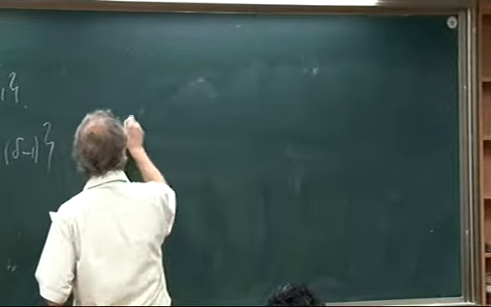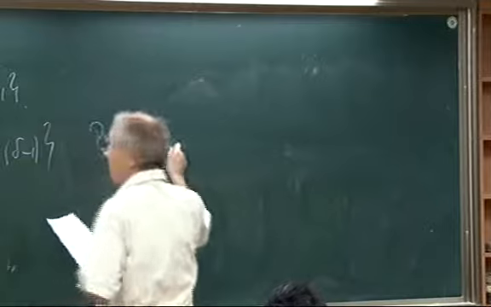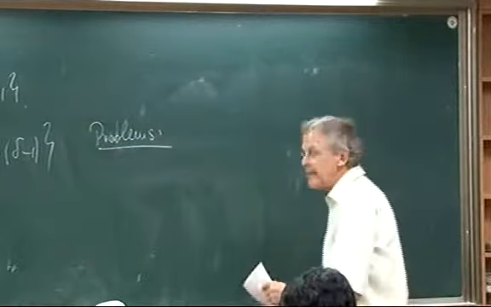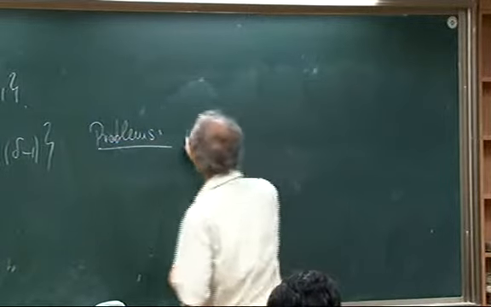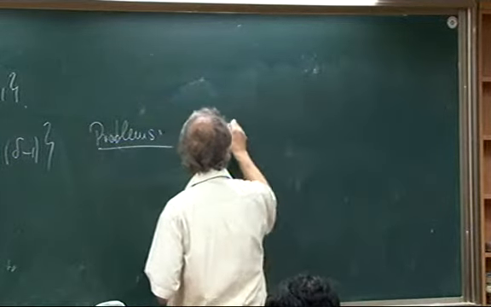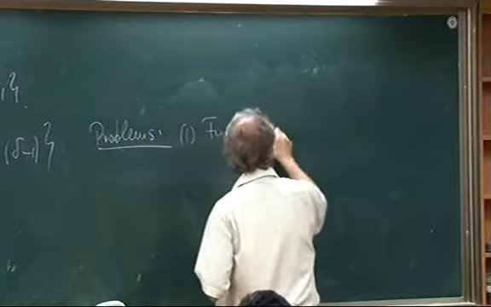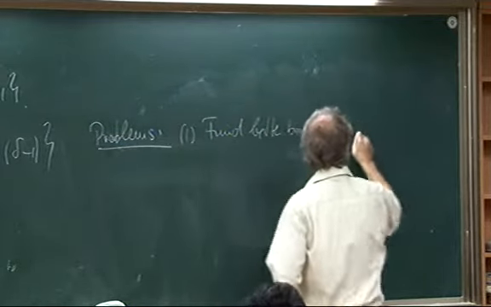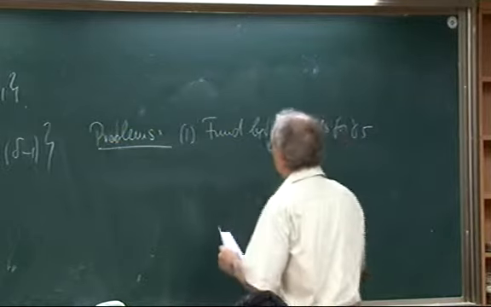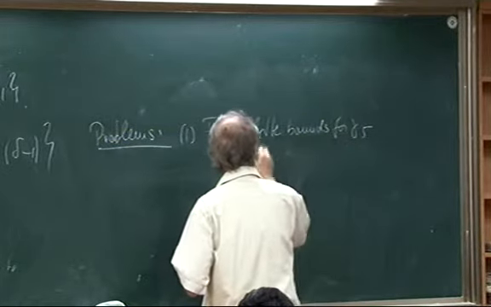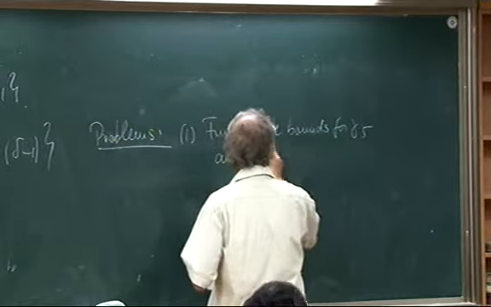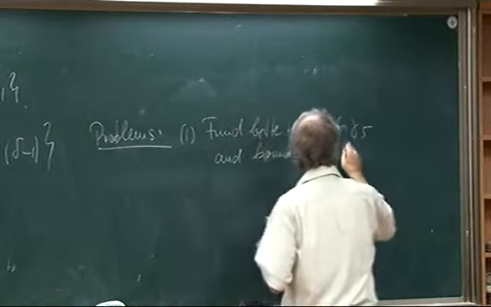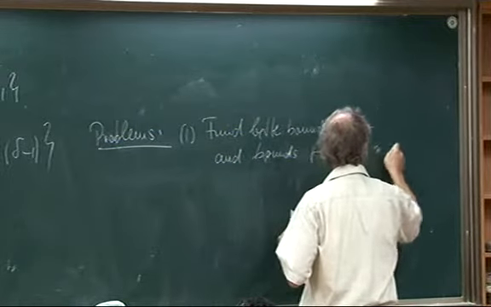Well, the problems are the obvious ones. Find better bounds for gamma 5. And we don't have any bounds for gamma n greater or equal to 6.